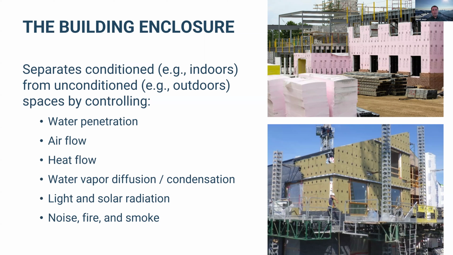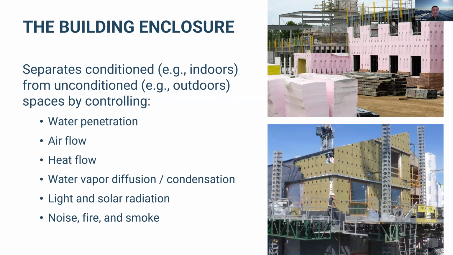And also it has to transfer loads. So things like wind loads or seismic or dead loads of the cladding itself have to be transferred through the building enclosure to the main structure. So it has to be strong enough to handle those loads. And then it also needs to be durable and maintainable. Has to last a long time. It has to be economical to construct and maintain.